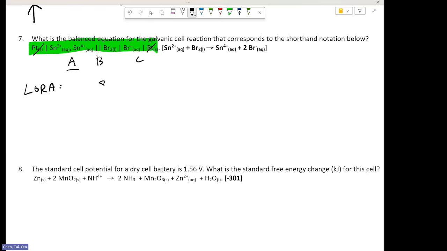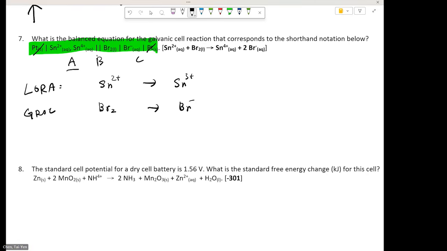For your Lo-rod, you're going to have Sn2 plus becoming Sn3 plus. For your G-rod, you're going to have Br2 becoming Br minus, right? So first, the thing you do is translate the notation into two half reactions.